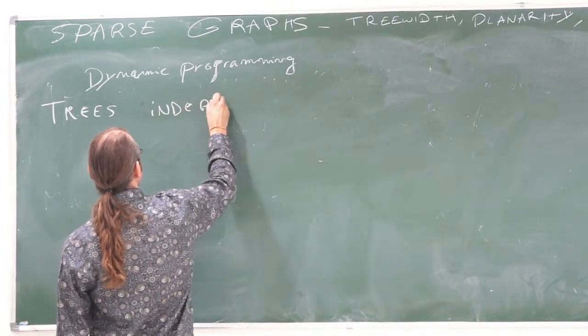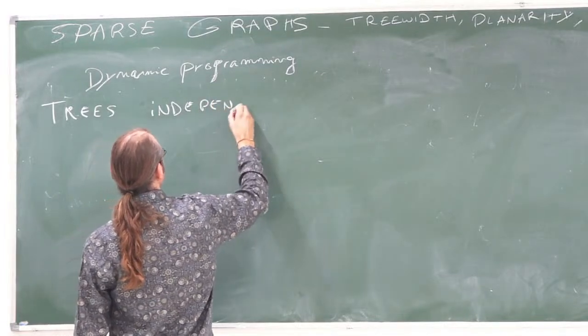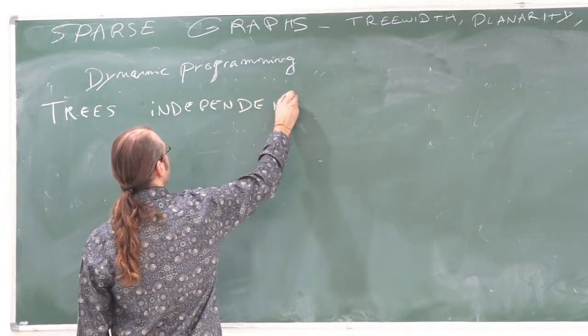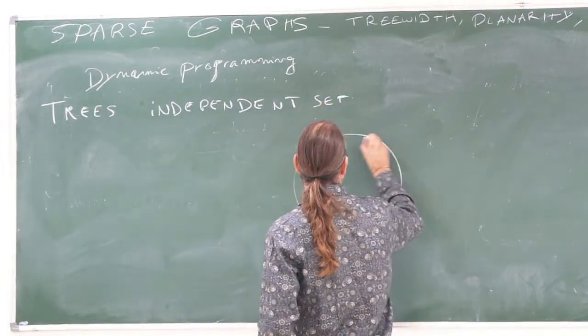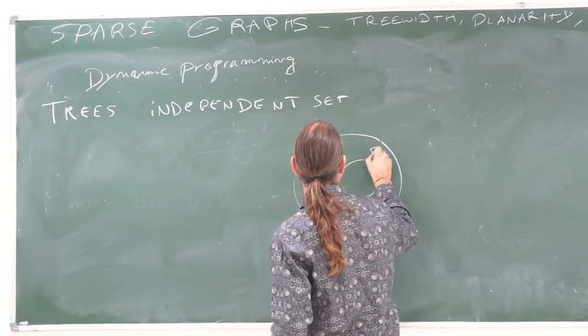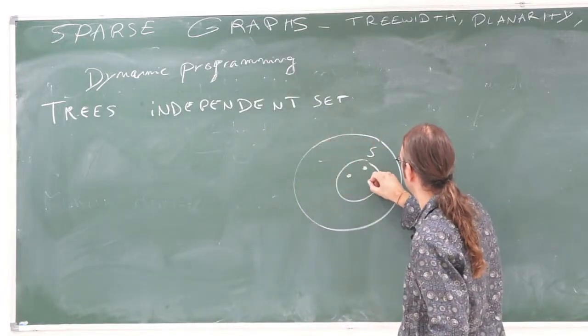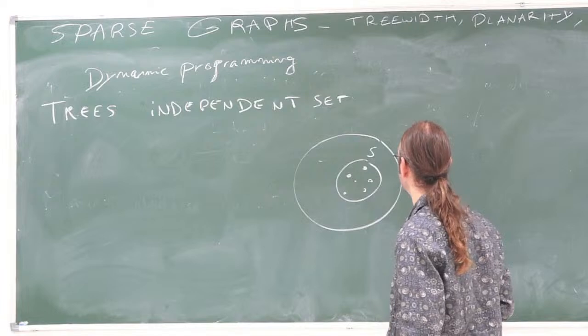So what's an independent set in a graph? Independent set. So in a graph, an independent set is a set of vertices S where there are no edges among the set.